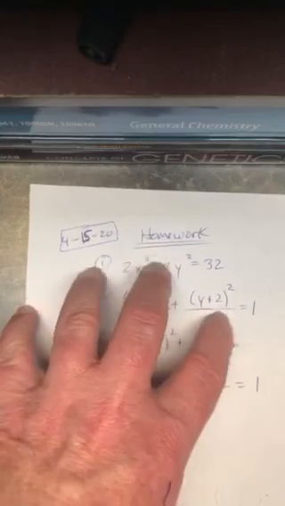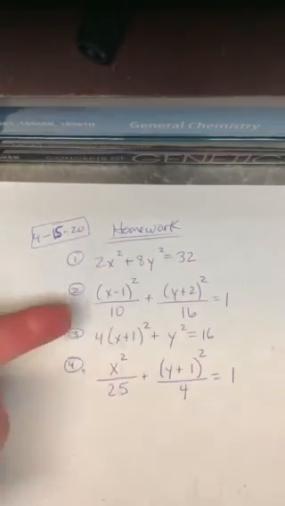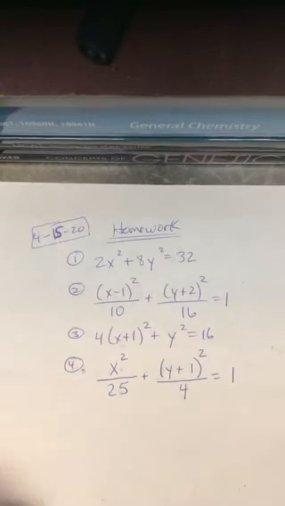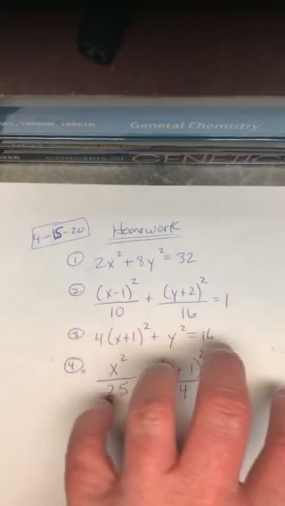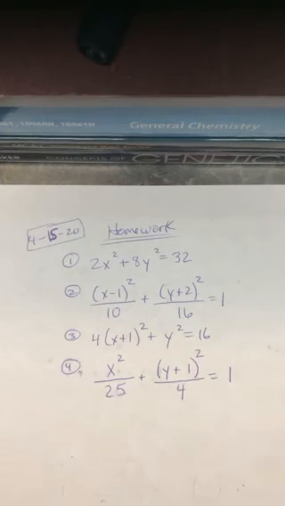If you're watching this truly on Wednesday today like you should be, there's no reason you can't sit down right now when you hit stop on this and do these 4 problems in about 5 minutes and send me a picture when you're finished. But they're due by certainly tomorrow, Thursday the 16th at noon.